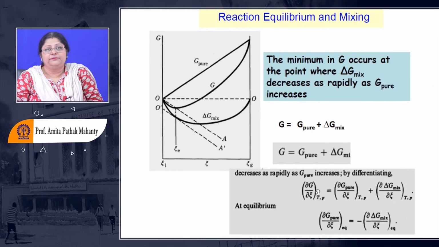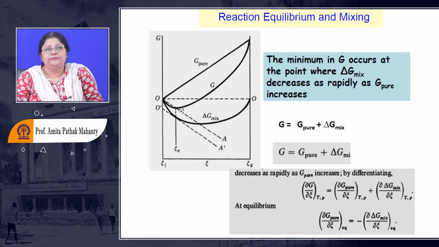When we say the equilibrium is reached, this is going to become equal to 0. At that time the slope of the delta G pure with respect to the composition at the given temperature and pressure will be equal to that of the delta G mixing with respect to progress, and if you take the equality sign, it should be a minus sign.